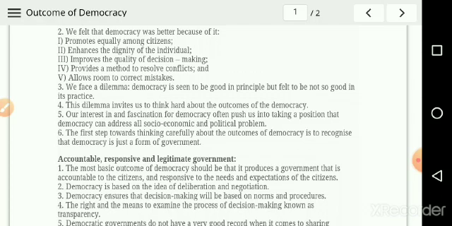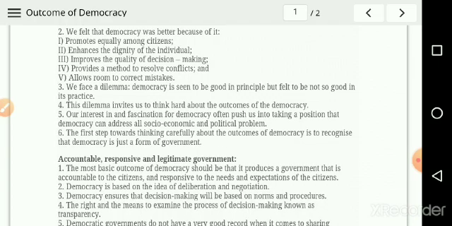Then this dilemma invites us to think hard about the outcome of democracy. Because of the dilemma we get a chance to think again and again, in a hard way, about the outcomes of democracy. So the name of the chapter itself is the outcome of democracy.